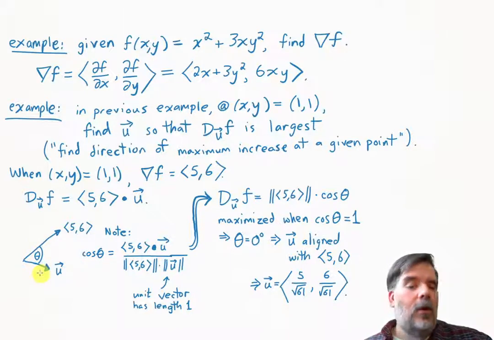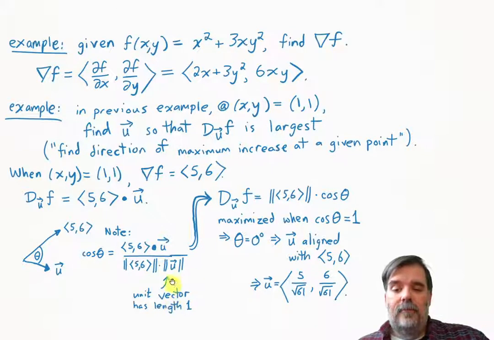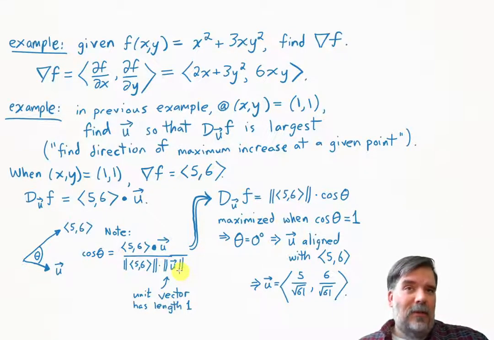A long time ago, when we first started learning about dot products, we learned a formula to calculate the cosine of the angle between the two vectors. The cosine of the angle was the dot product of the vectors divided by the lengths of these vectors multiplied together. And we actually know the length of a unit vector.